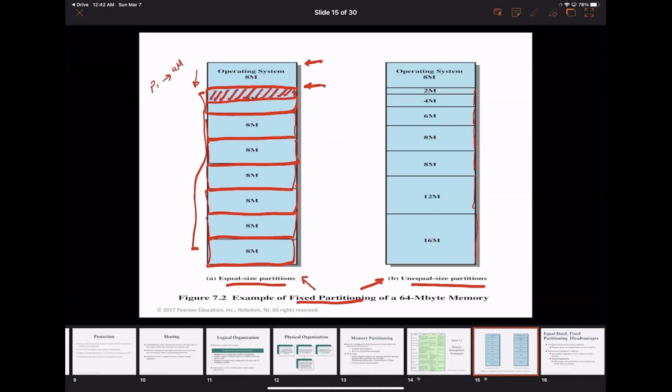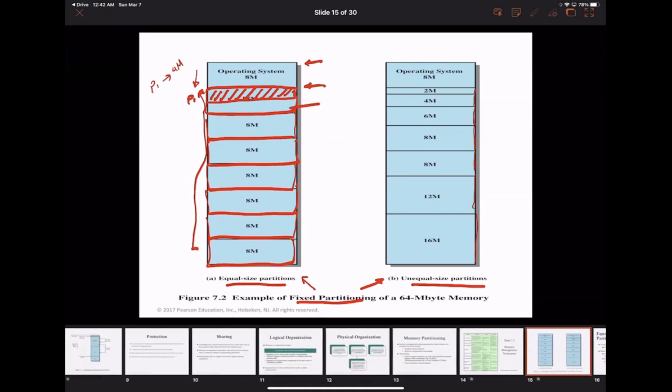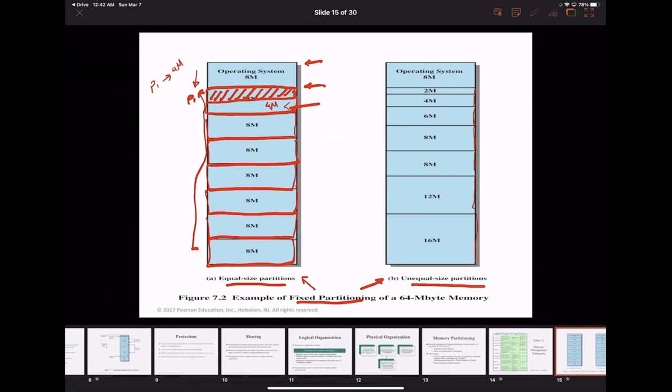So this is where process 1 will reside. You can see that we have fragmentation within the partition. Now we have another 4 megabytes that are not used. This is what we call internal fragmentation. Internal fragmentation is fragmentation within the partition.